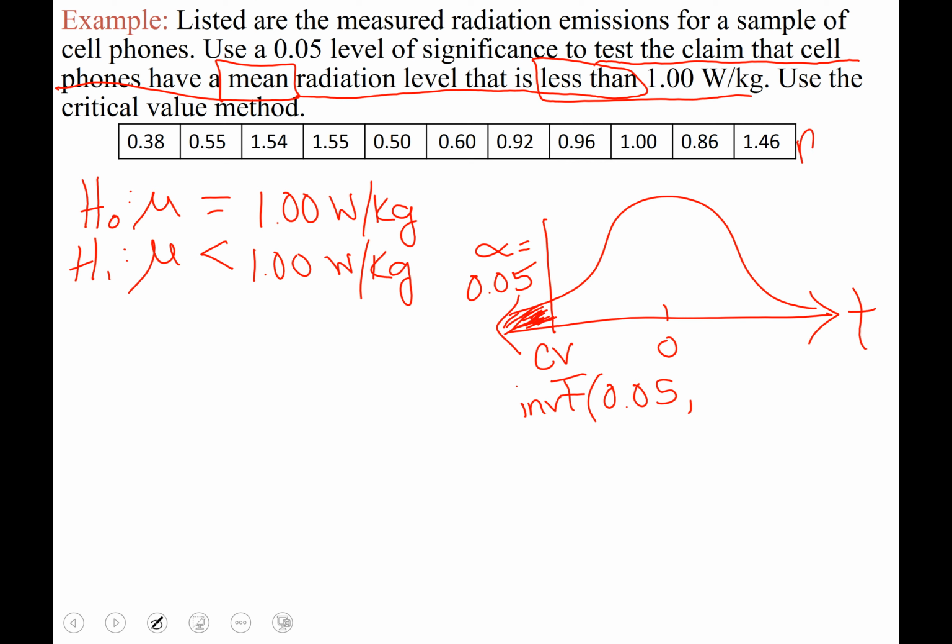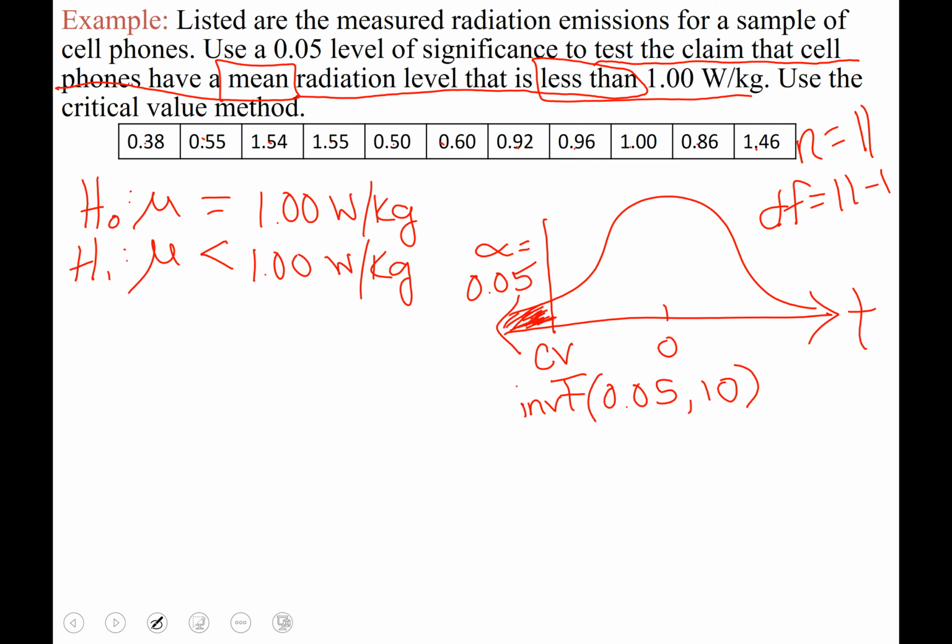What is our sample size? 1, 2, 3, 4, 5, 6, 7, 8, 9, 10, 11. Sample size is 11, which means degrees of freedom is 10, 11 minus 1. So the next input for that program is 10. And that's all the program needs from us, just those 2 inputs of area and degrees of freedom.